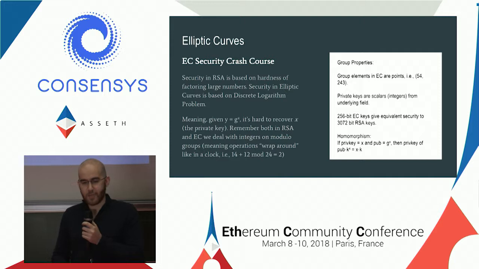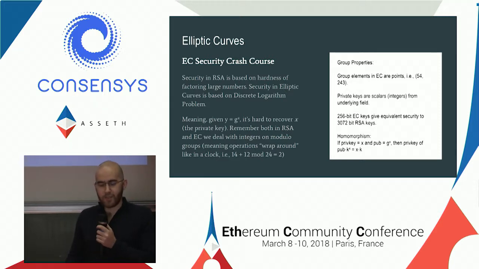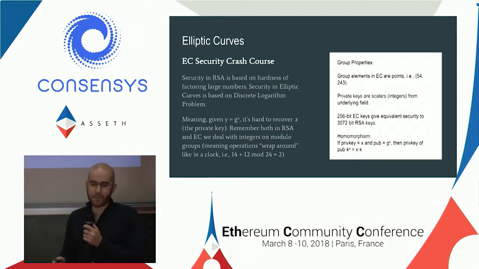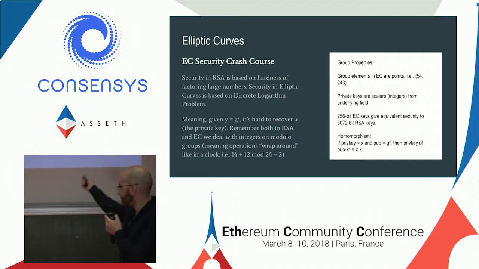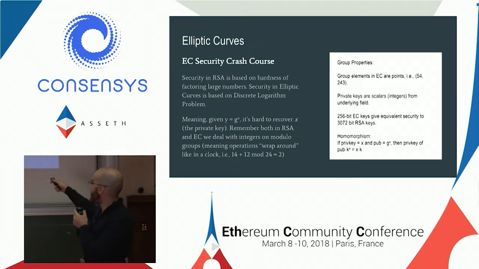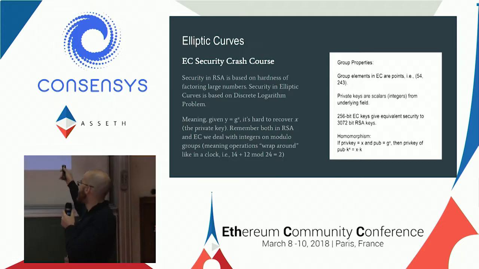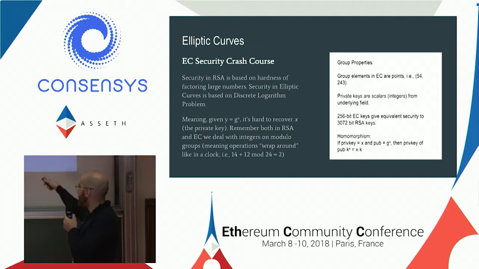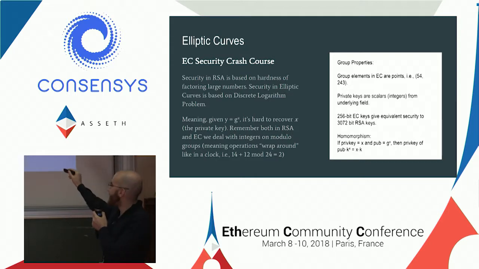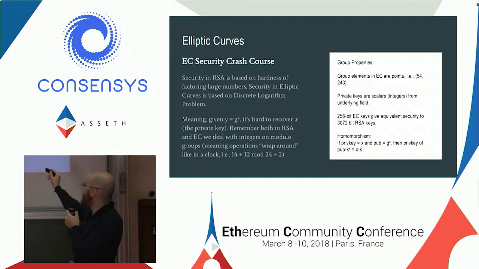A 256-bit elliptic curve key gives you the security of a 3072-bit RSA key. And here's the fun tidbit on the homomorphism or the commutative properties. If you have a private key x and a public key g to the x, then raising the public key to a constant k gives g to the x times k.